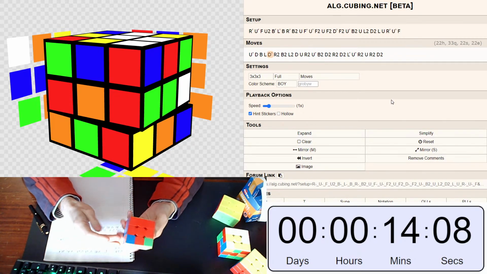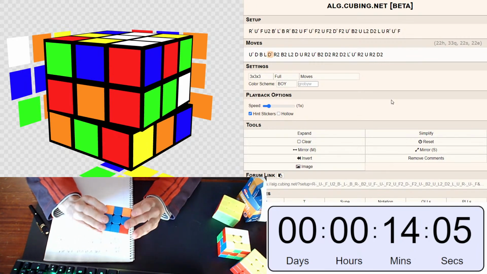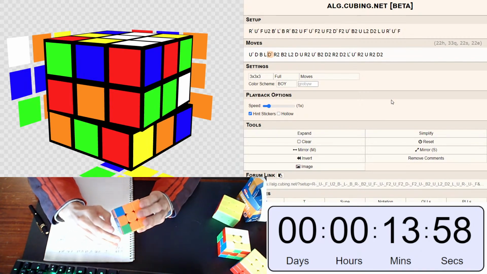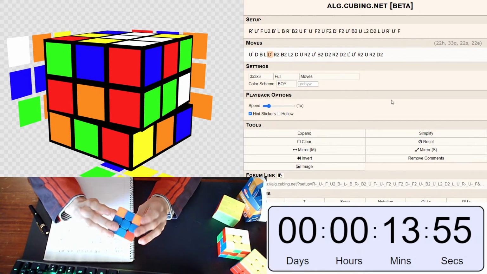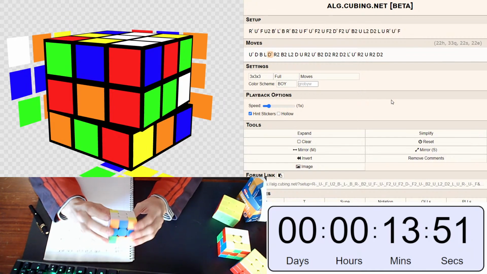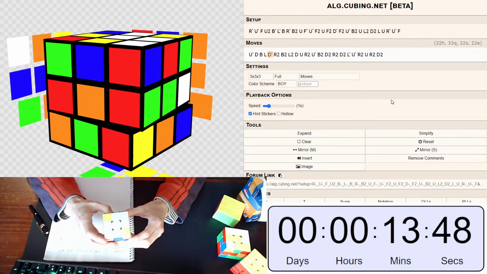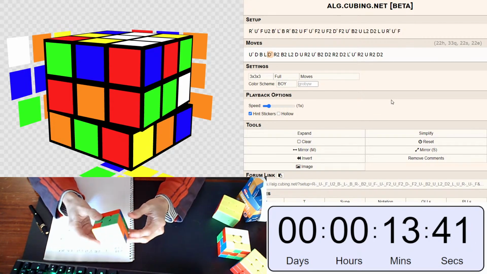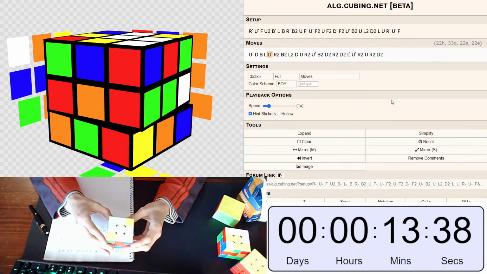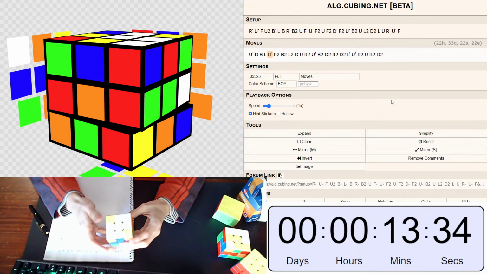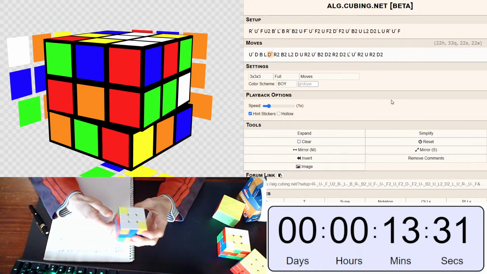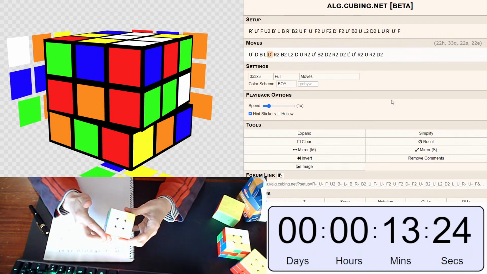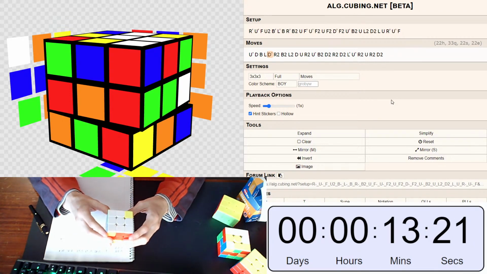So okay, this looks more promising. Doesn't cancel anything, but it's a pretty good commutator.